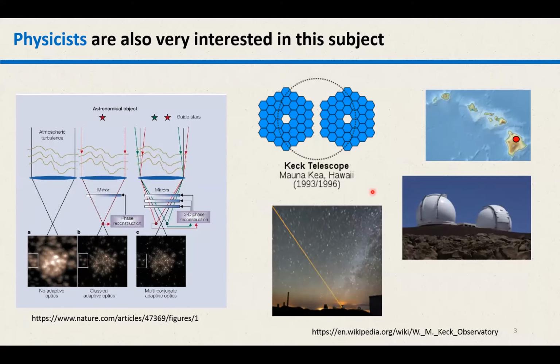You can see that they have two big telescopes with many, many small apertures installed together in order to see through the sky. Unavoidably, because you are seeing through the sky, the atmospheric turbulence is going to affect your image quality. And so people developed many instrumentations to help compensate any phase distortions that are induced by the atmospheric turbulence.